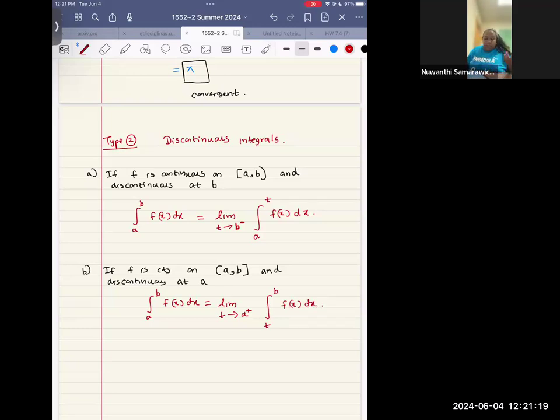And again, if this limit exists, the same scenario as what we did, we say it's convergent. If the limit does not exist, we say it is divergent.